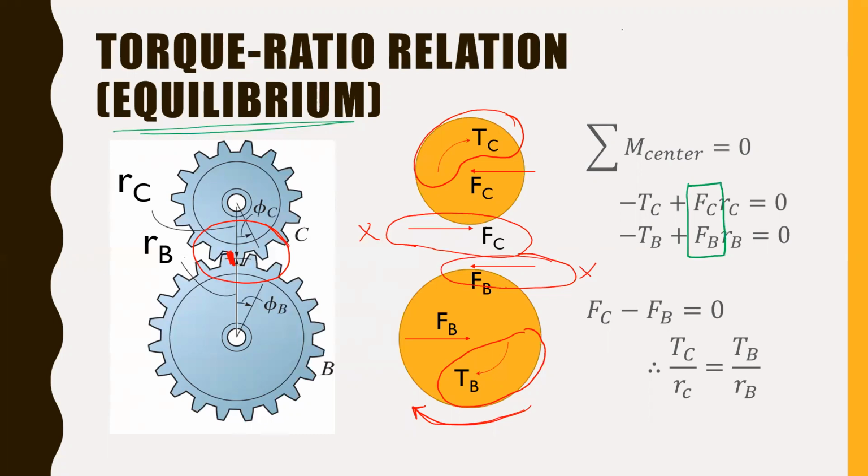So therefore, I can say that FC minus FB equals 0. And then this equation simplifies to say that the torque applied to one gear divided by its radius is equal to the torque on another gear divided by that radius. And so we use this principle to amplify torques through gears of different radii.